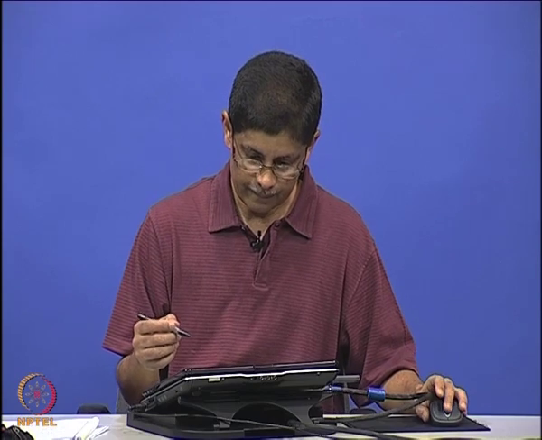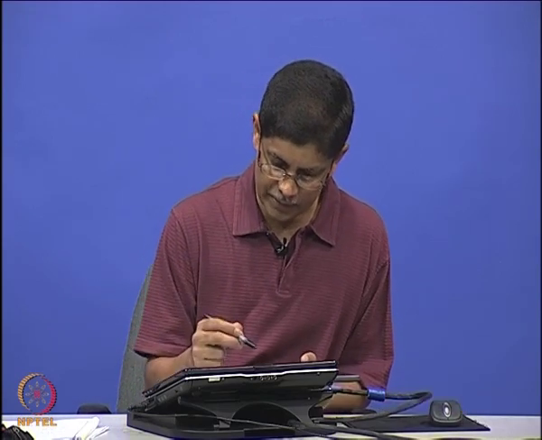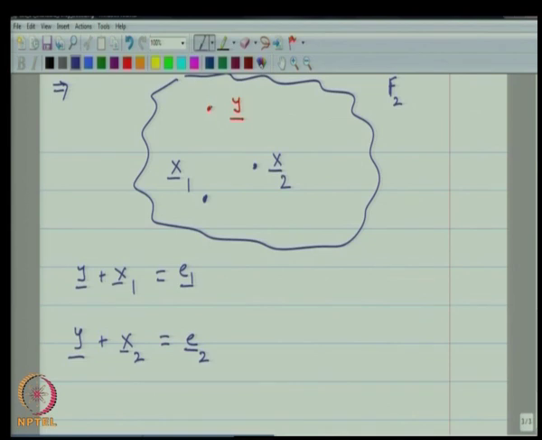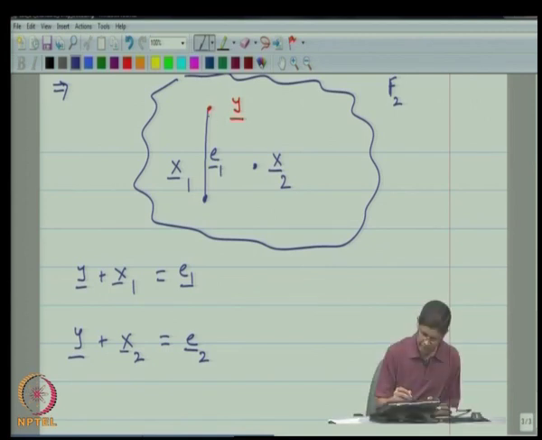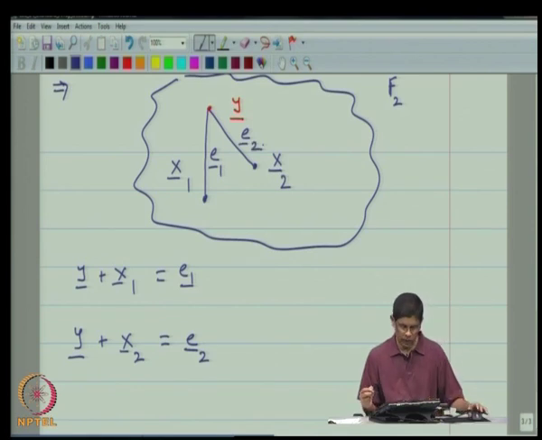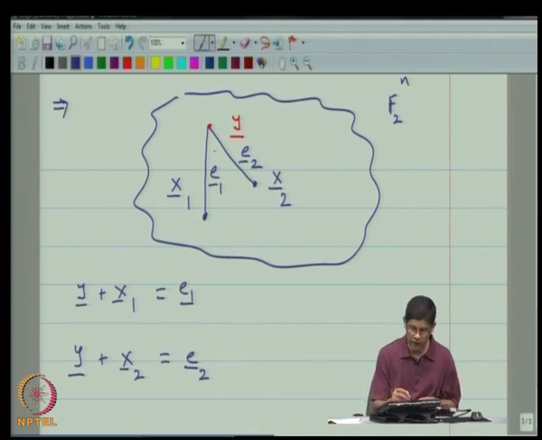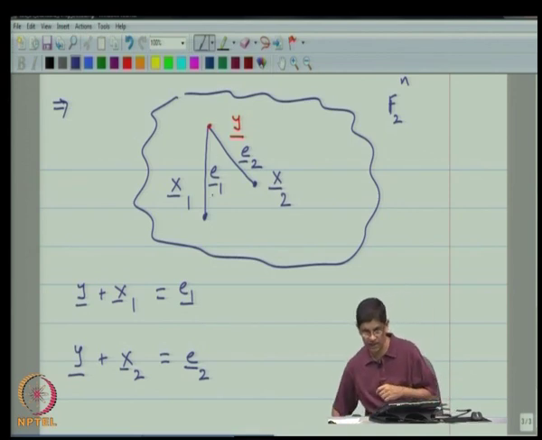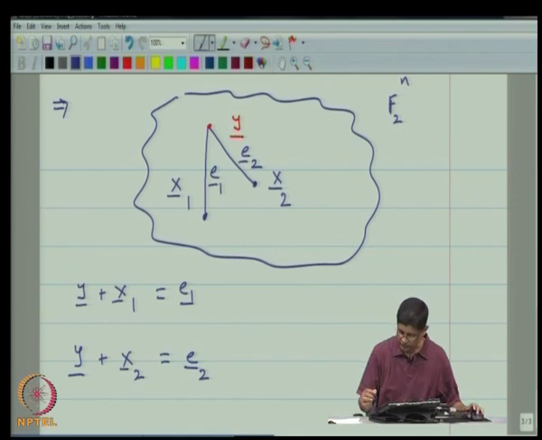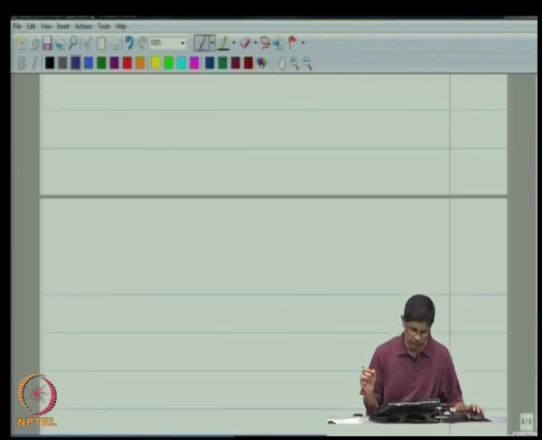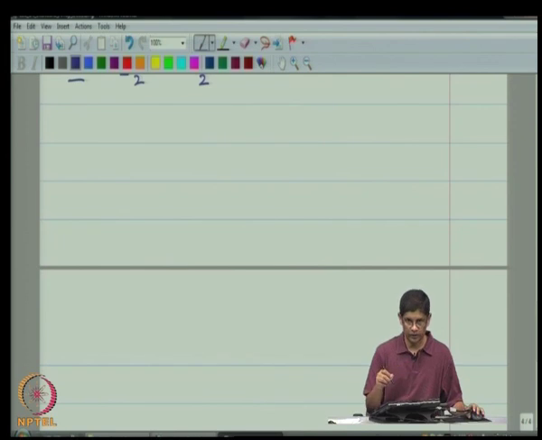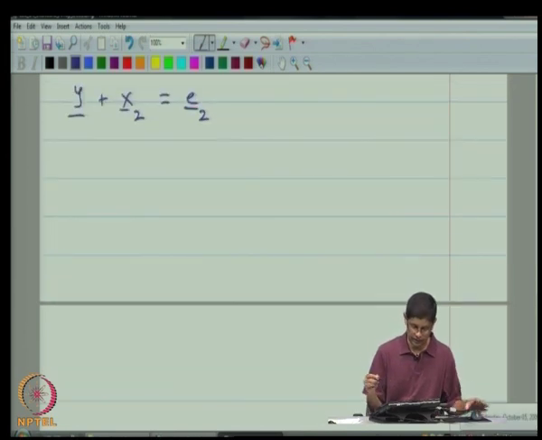And if you want to view this pictorially, you can think of this as though there was a line joining these two, and this line represents E 1 and this line over here represents E 2, and what we are really interested in doing is finding that code word whose corresponding error vector has least Hamming weight. With that as background, now I think you will agree that what I am going to write down now is a completely equivalent decoding algorithm.